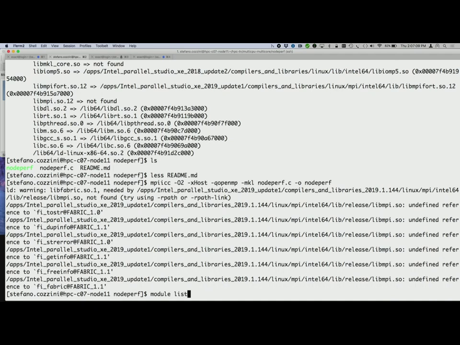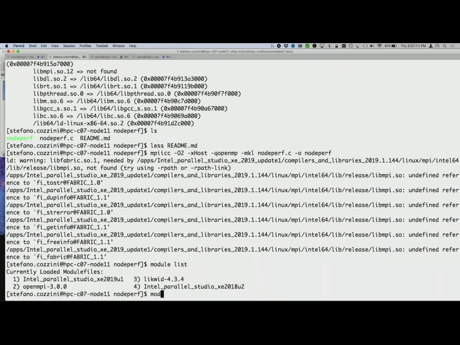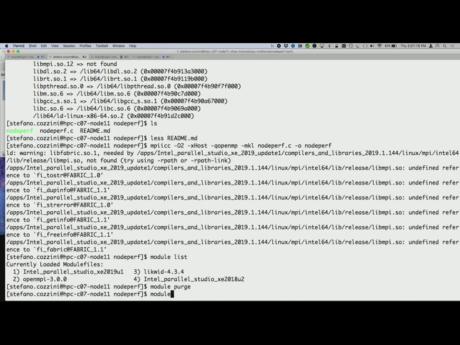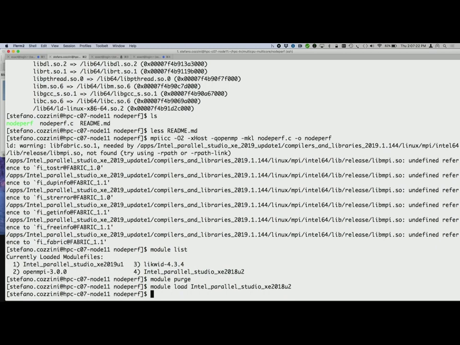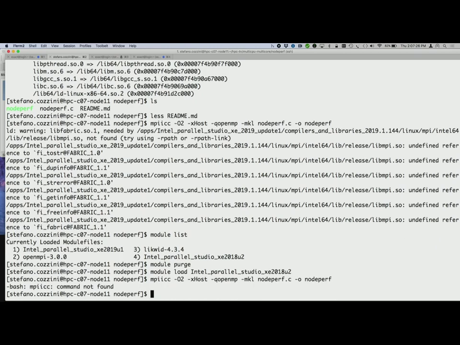Module list, module purge, get rid of everything, module load this version, and then... Okay, you don't have it for 2018, you didn't modify it.